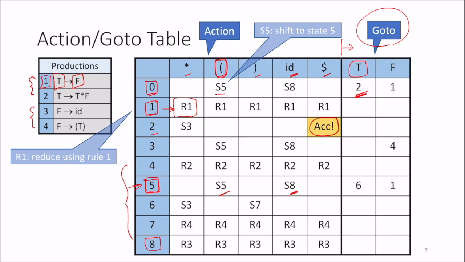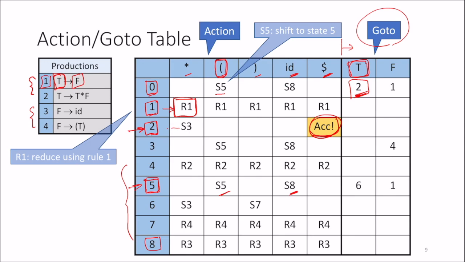So in this case, if I get to state 1 and I reduce using rule 1, I remove what's on the stack. I need to know what I need to push onto the stack, which corresponds to the left-hand side. So I go to the Goto table and I say, okay, I should push 2 onto the stack, and then I continue on from this state 2 over here. And so I would look up what to do next. So just in case the input is empty, I would accept the string if I'm at state 2.